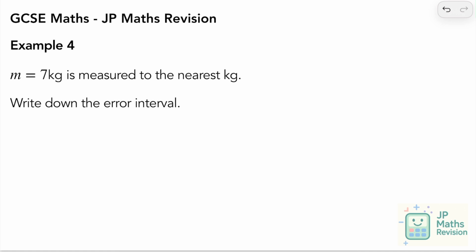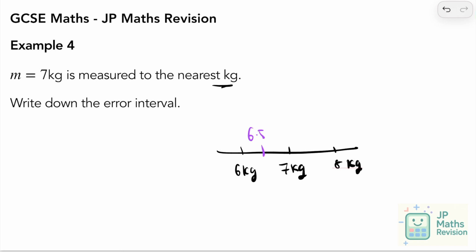So this one here, 7 kilograms is to the nearest kilogram. So on a number line, we'd have 7 kilograms here and to the nearest kilogram. So I'm going to put the kilograms either side. So it's 6 kilograms and 8 kilograms. So in the middle of 6 and 7 is 6.5, and in the middle of 7 and 8, that's 7.5. So we're going to have 6.5 is less than or equal to m, which is less than 7.5.